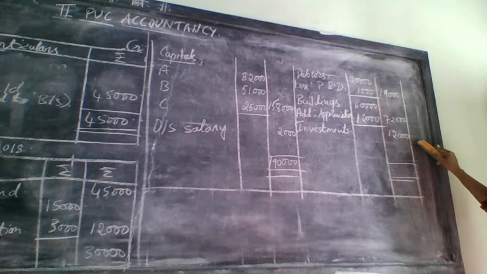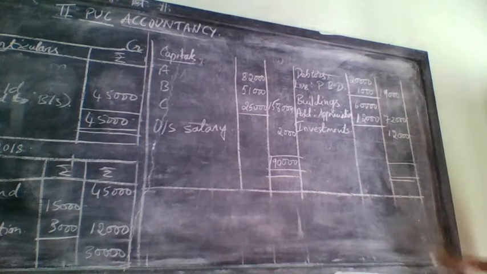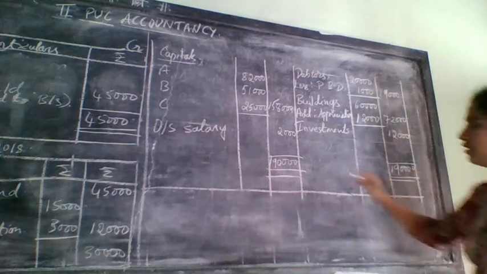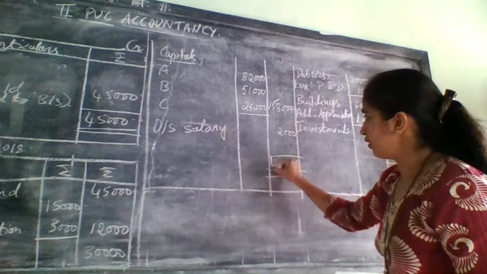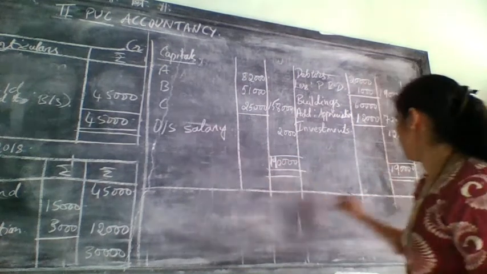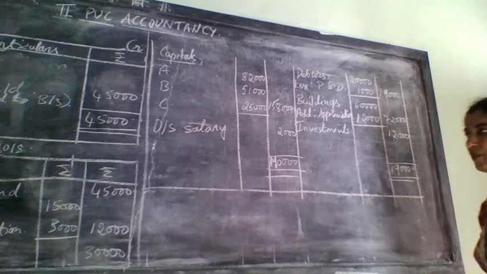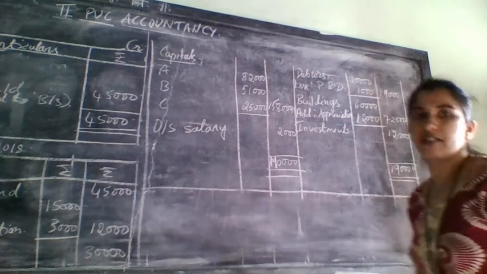Altogether how much will it come? 1,90,000. So both side totals are the same. That means what you have done is correct.